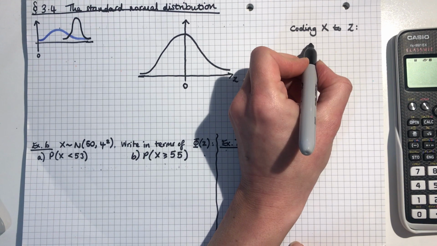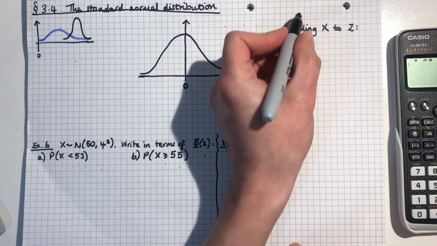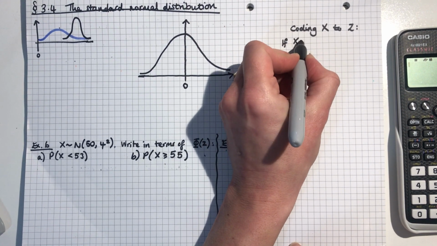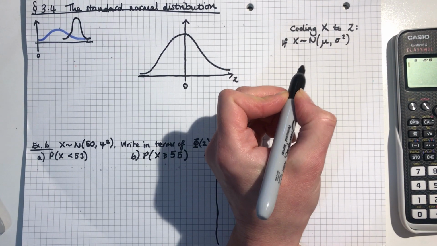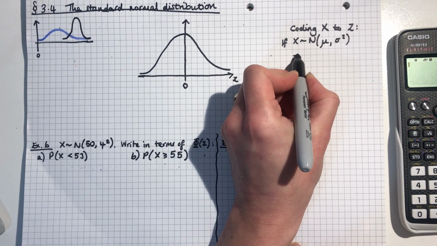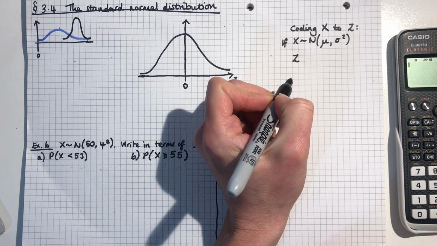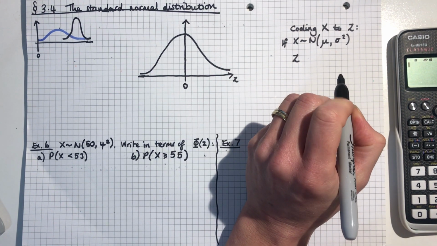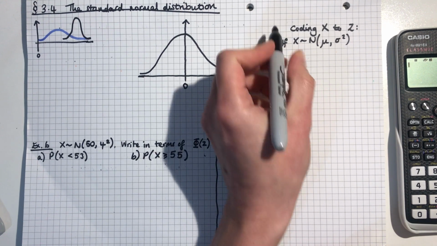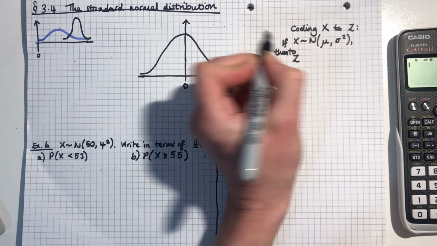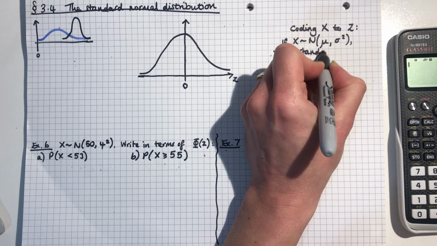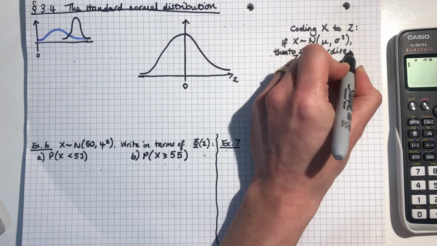So if X is normally distributed with a mean of mu and a variance of sigma squared, then to turn it into a standard normal distribution, for which we use the letter Z exclusively, we standardise as follows.